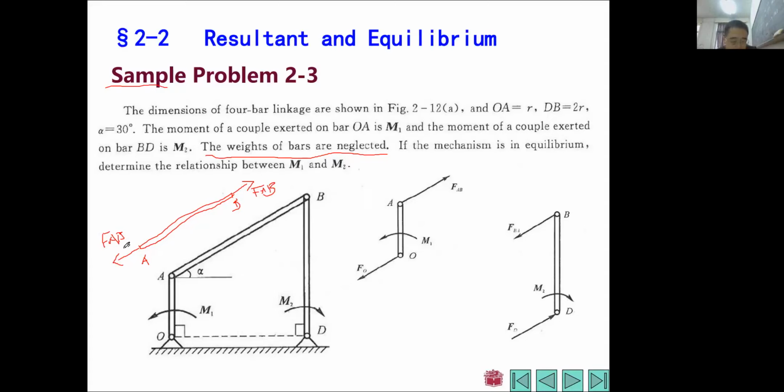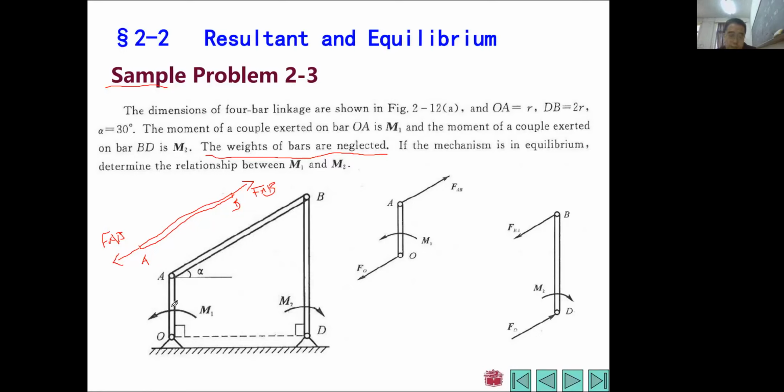So this FAB is exerted from bar OA to AB, and this FAB is exerted by bar BD to AB, right? So when you select OA as an object to be studied, then we should totally consider our action and reaction point of view.